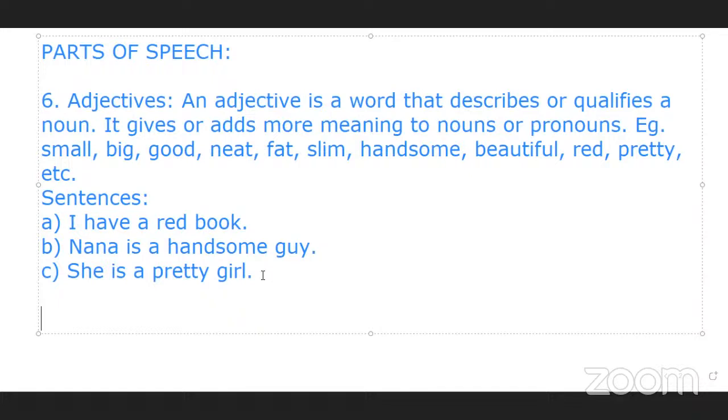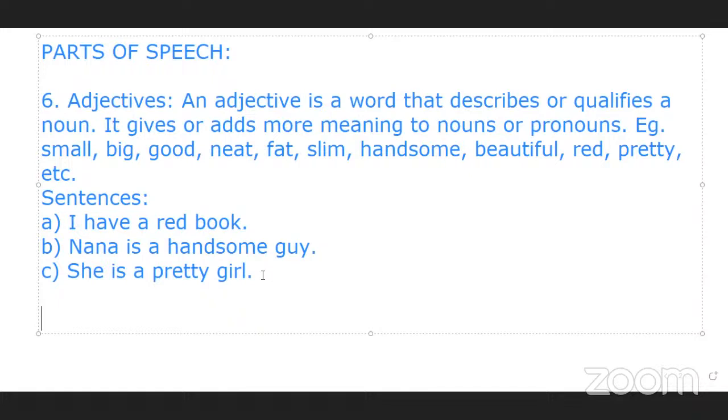The girl is a noun. And we said an adjective describes the noun. It's pretty. Pretty, good. So the pretty is describing the girl. She is a pretty girl. Great, great, great. So that is an adjective.